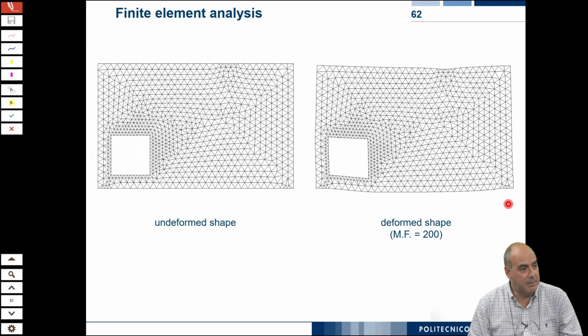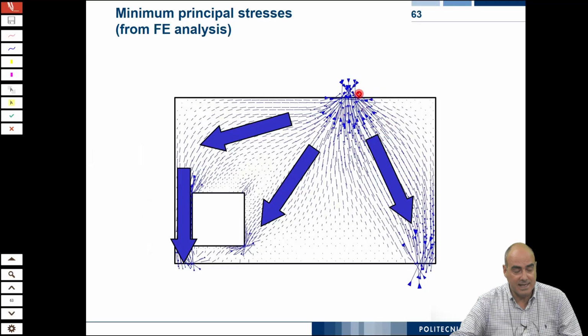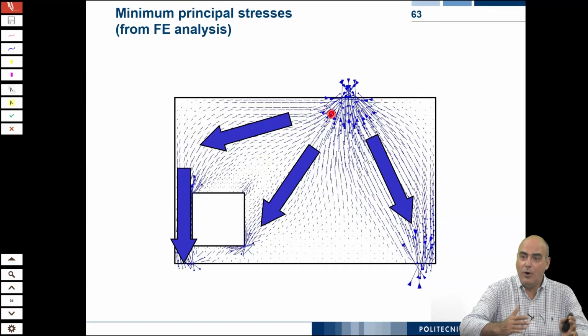You can perform some finite element analysis. And you see here, these are the compressive stresses. You see that the stress coming from the force has a major flow of stresses here. And then you have the flow that, in order to go to the other support, has to go around the opening.